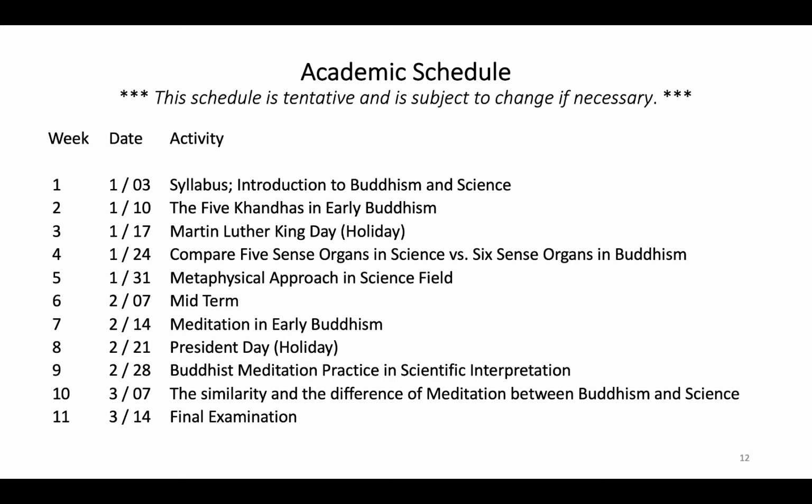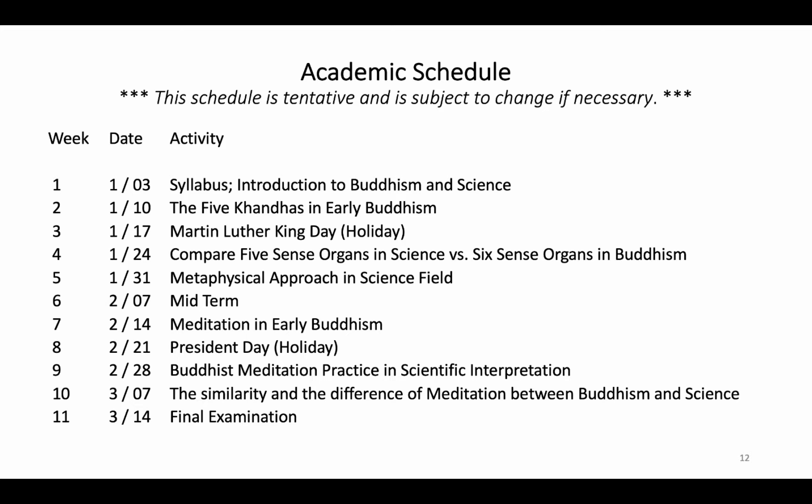This is the overall course schedule of BMN 520 Buddhism and Science. Today, January 3rd, we go over the syllabus, and in the rest of this lecture, I will briefly introduce Buddhism and Science.